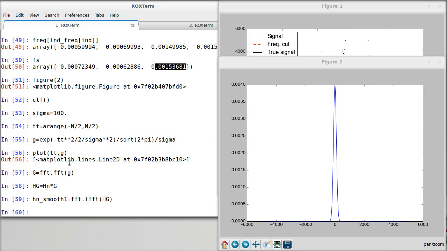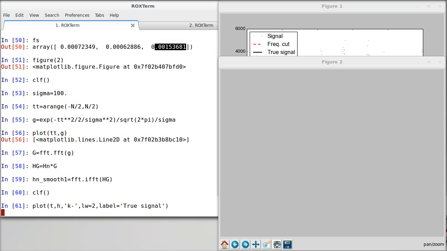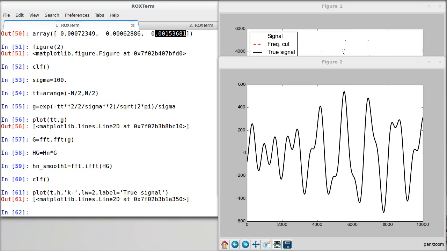Let's go ahead and make a new plot. In fact, let's just plot the true signal and compare to the true signal. We can compare to the data also, which is a nice thing to do, but here let's just do this. So let's look at the signal. Let's call it smooth 1, red dashed line.